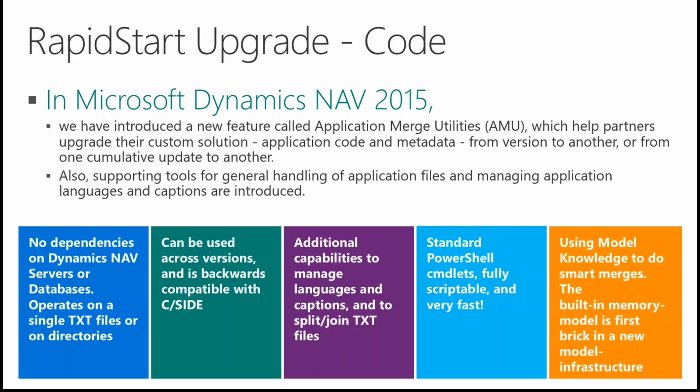So for example, if you're a customer on NAV 2013 or NAV 2009, on 2009, to use the code upgrade, you have to be running the pages. So if you're a 2009 customer and you're still using the classic client and forms, the code upgrade tool won't do you any good.